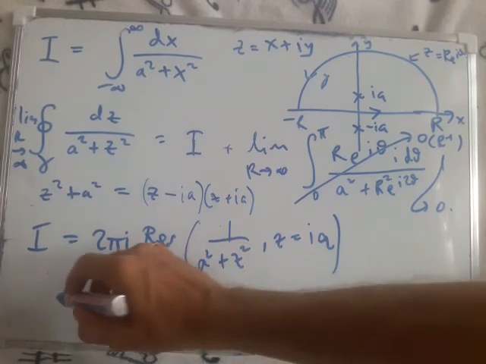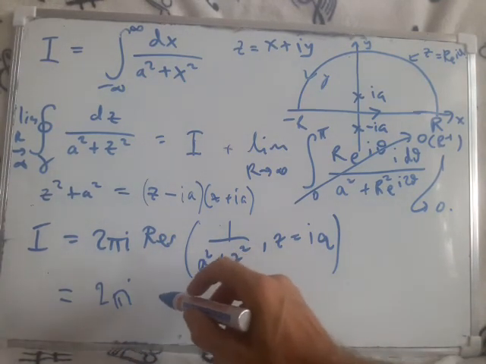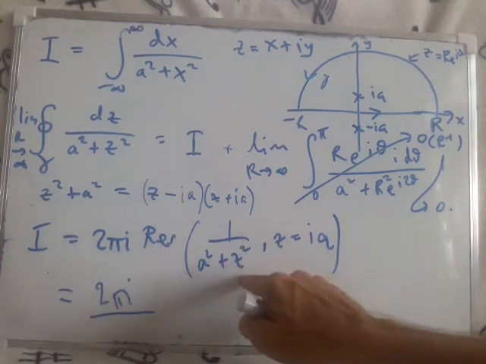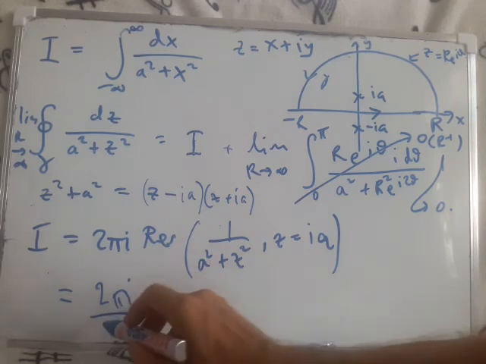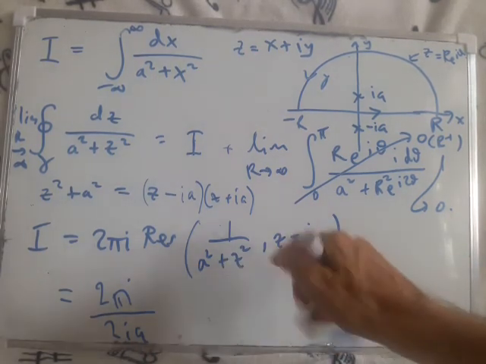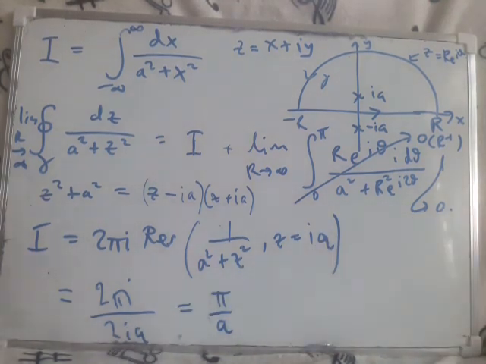So we end up with 2 pi i times 1 over, and then differentiating this gives us 2z, so that's 2 ia when we substitute in z equals ia, which gives us pi over a, as expected.